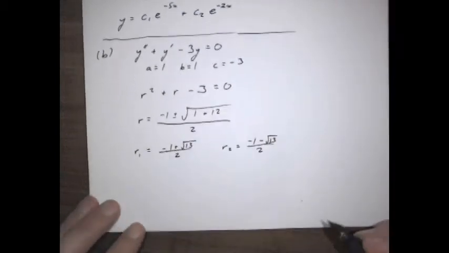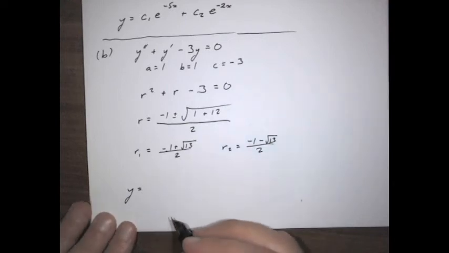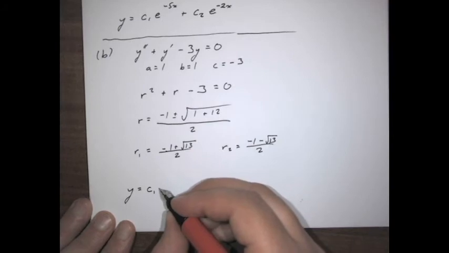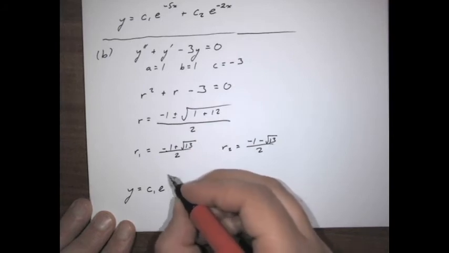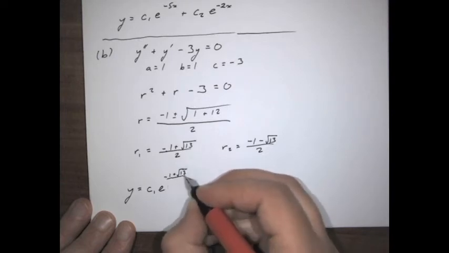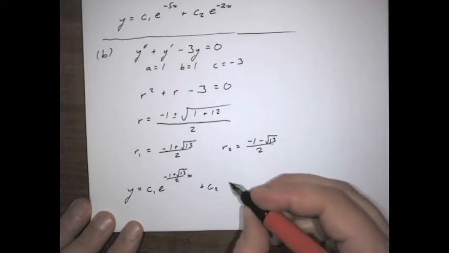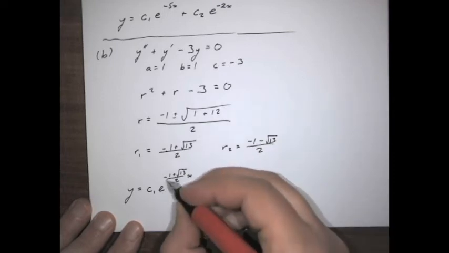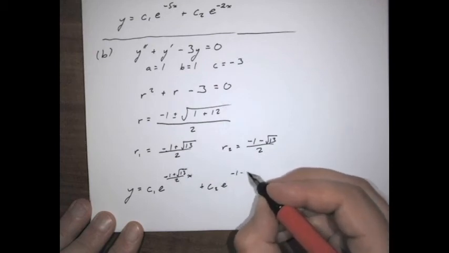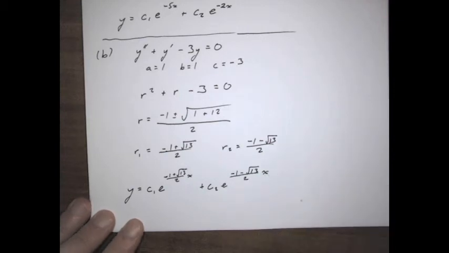That gives you the two branches of the general solution: c1 e to the negative 1 plus root 13 over 2 x, plus c2 times e to the negative 1 minus root 13 divided by 2 all times x.